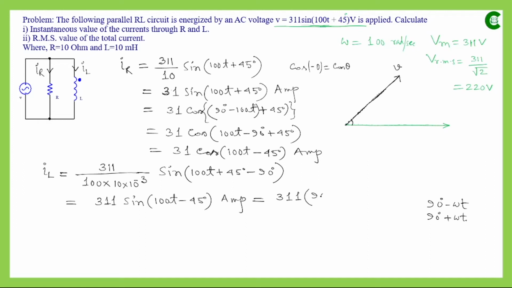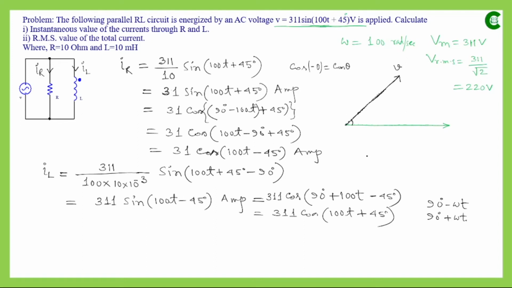So here it will be 90 degree plus, in place of omega it is 100t, so 100t minus 45 degree, and since it is cosinusoidal, it will be 311 cos. So finally it will be 311 cos of (100t plus 45 degree).